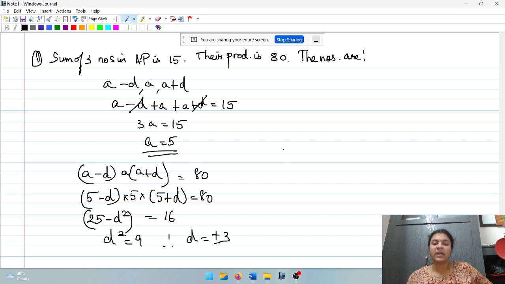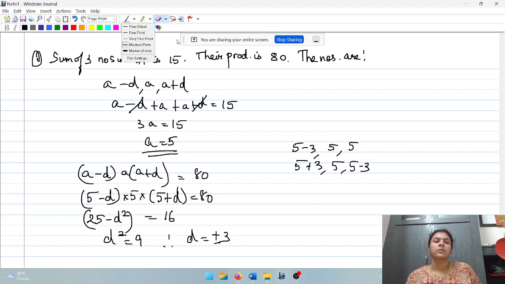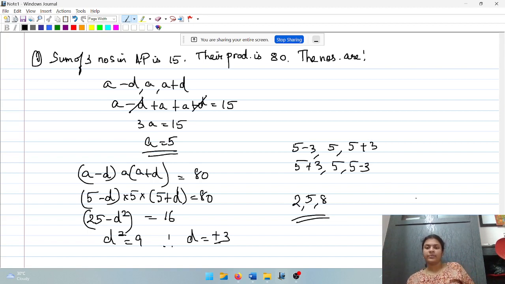Now if you take plus or minus 3, you will get A minus D, so 5 minus 3 is 2, 5, and 5 plus 3 is 8. Or other way around. Either way you will get the same answer. The terms are 2, 5, 8. Right, friends?